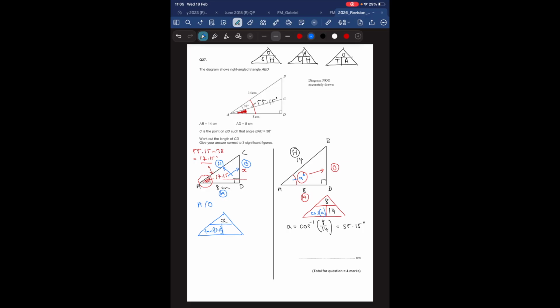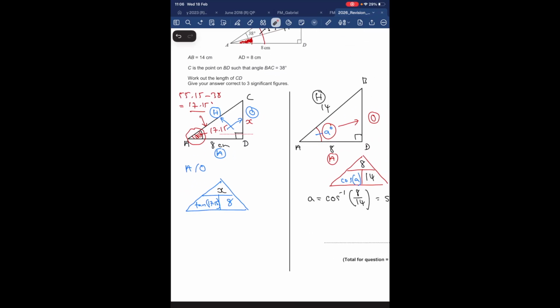At the bottom, I'm going to have the adjacent side, which is the 8, which is this length here. Now we cover up the x, and you can see that these two are next to each other, so we're going to be multiplying them together. So x, which is the length of C to D, is going to be tan 17.15 times 8. Again, you can do all of that on your calculator in one go.